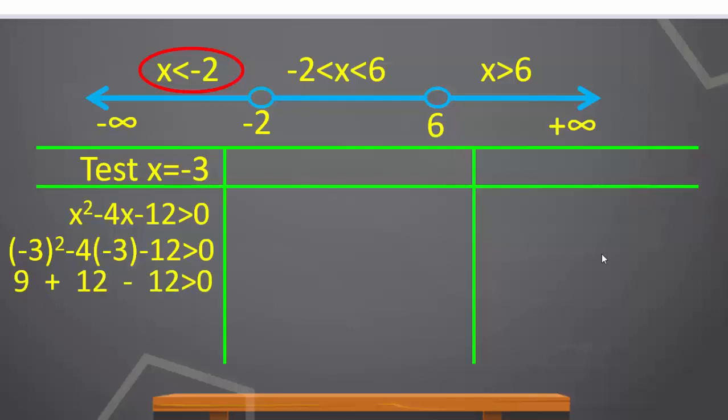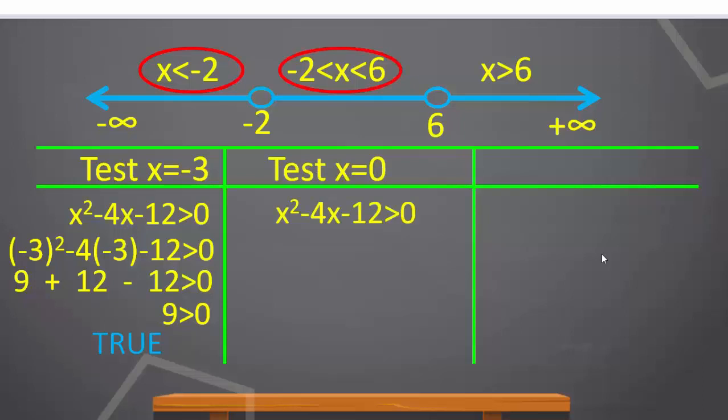Then we have 9 plus 12 minus 12 is greater than 0. Then we have 9 is greater than 0. This indicates a true statement. This implies that all values of x lesser than -2 are solutions of the quadratic inequality.